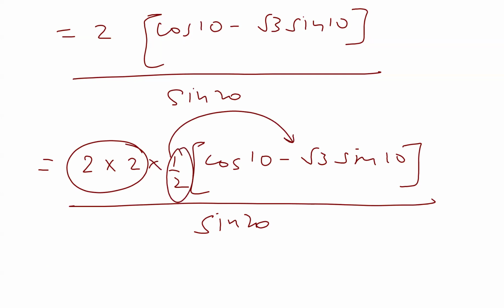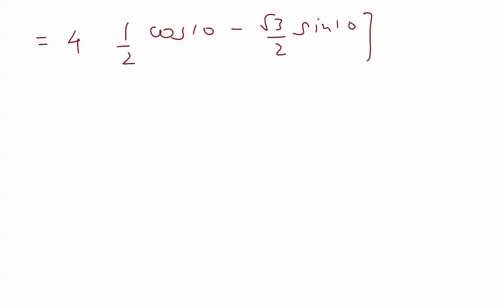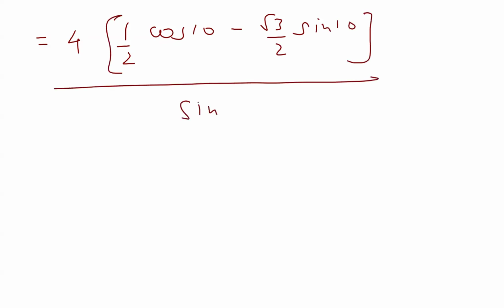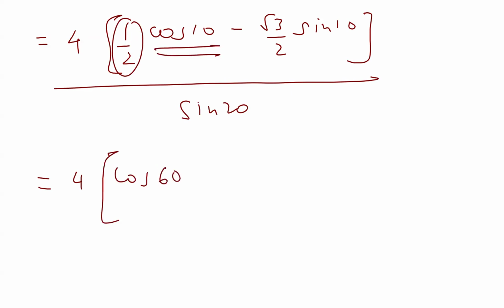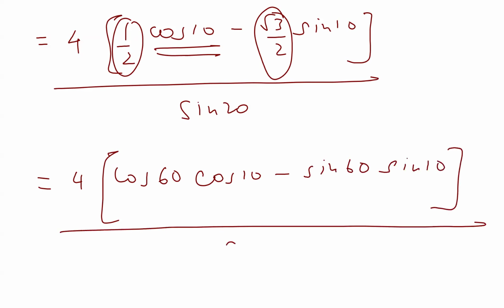So this will give me 4 into half cos 10 minus root 3 by 2 sin 10 upon sin 20. Okay, so this half I'm writing as cos 60, and this root 3 by 2 is sin 60, times sin 10, upon sin 20.